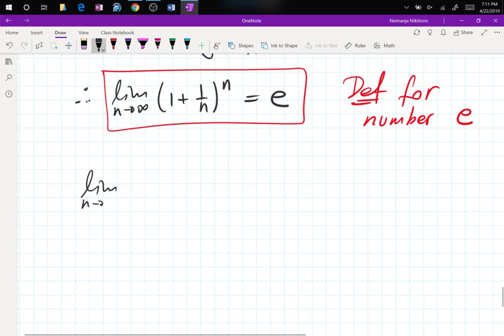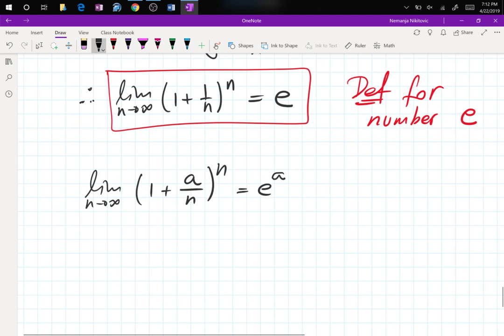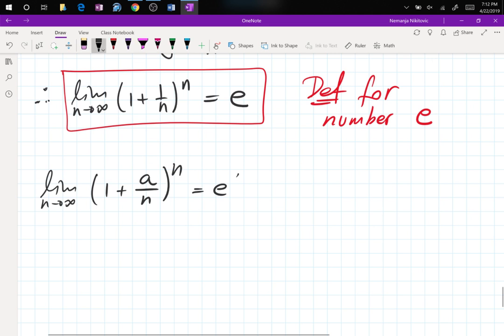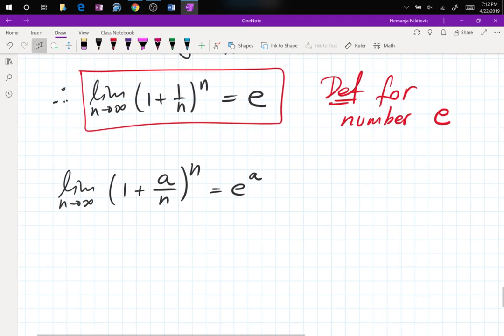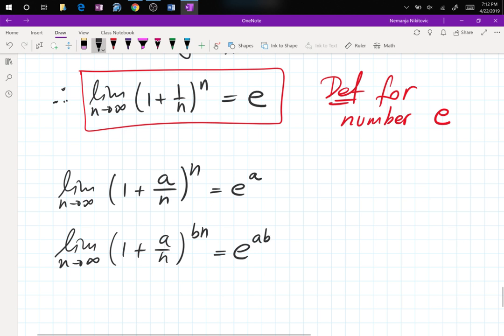So the limit as n goes to infinity of (1 plus a over n) to the n is going to be e to the a. And then the limit as n goes to infinity of (1 plus a over n) to the bn is equal to e to the ab.